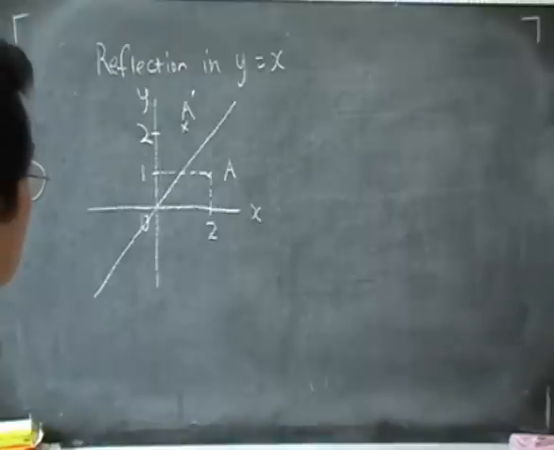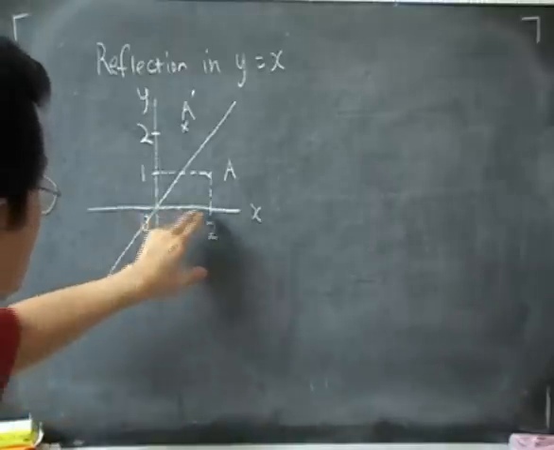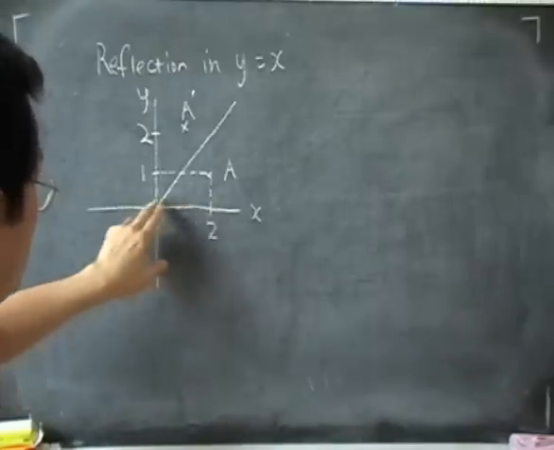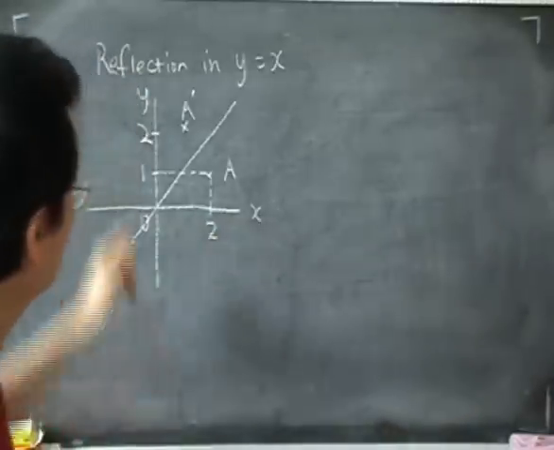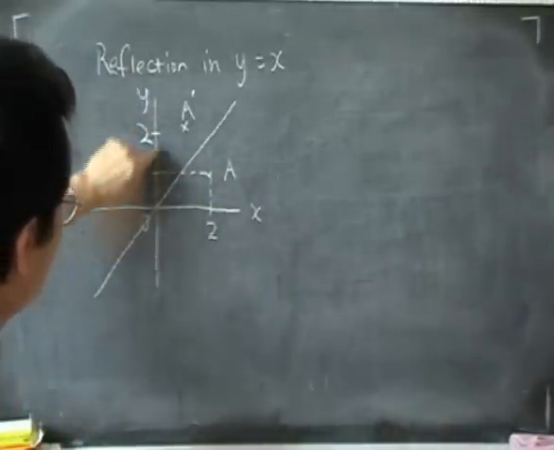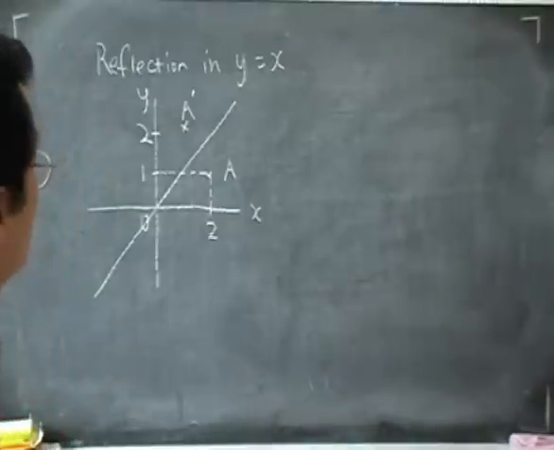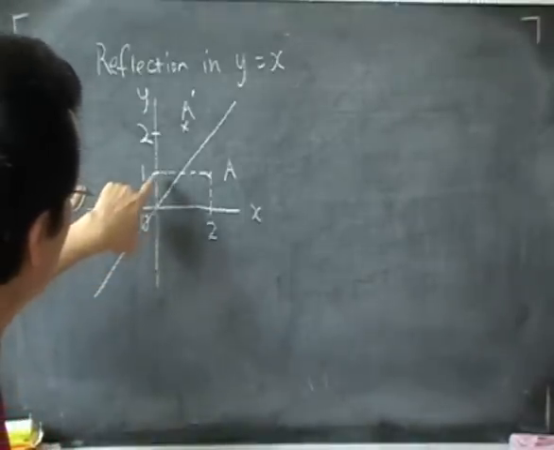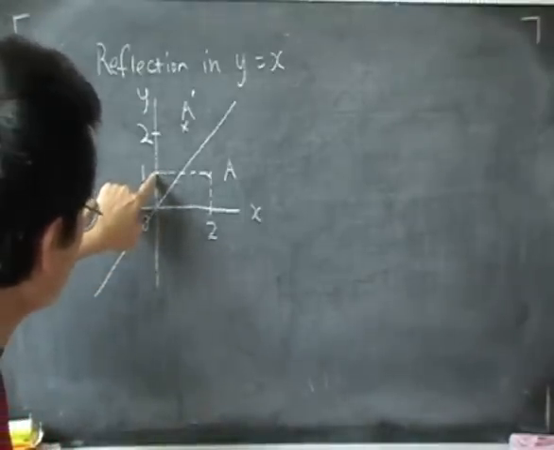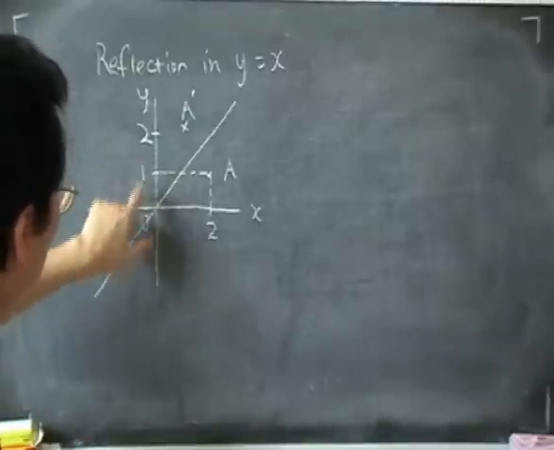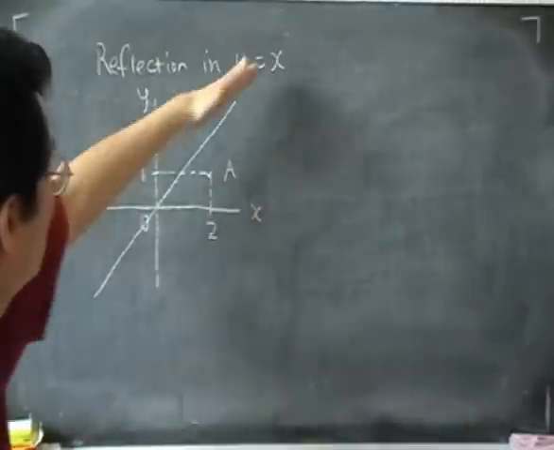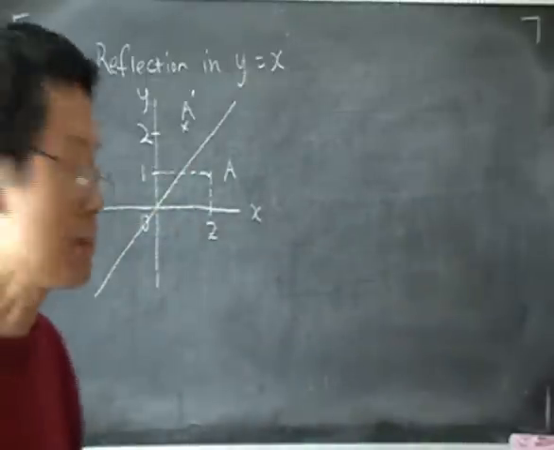Alright? Which means that this horizontal side of the rectangle would be reflected to this line. Now let's press on. Let's reflect that corner, the corner 1 on the y-axis, along y equals x.